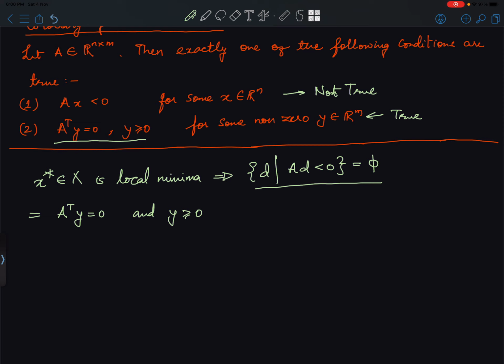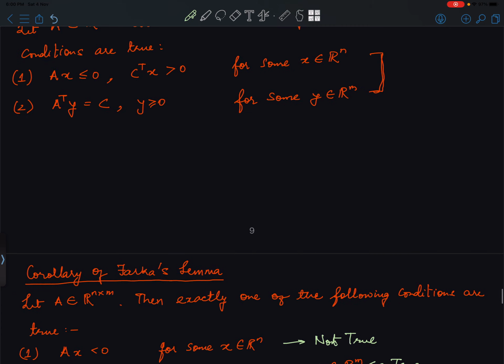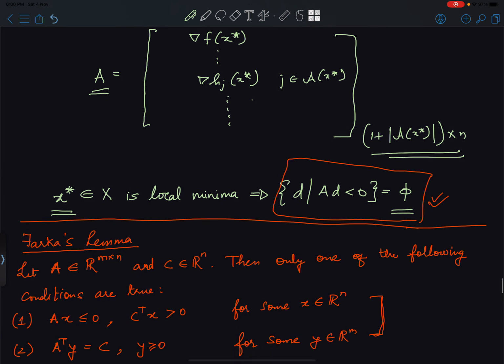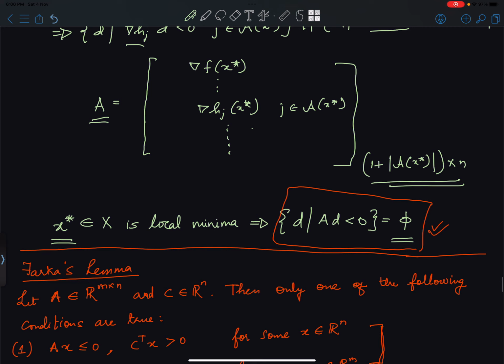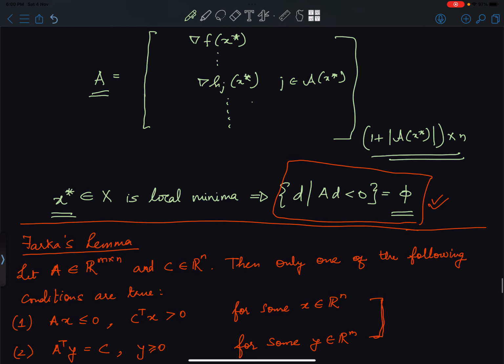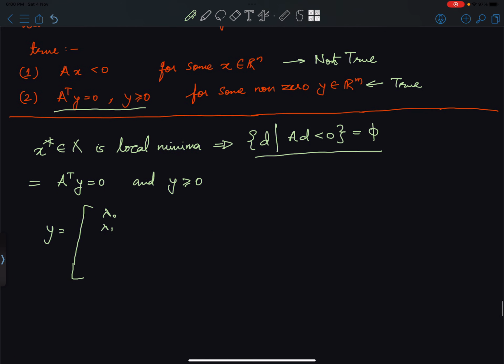So let me take a vector, say lambda 0, lambda 1, up to... Since this is to be multiplied by A, I'll use the subscript of gradient of hj, that is basically j, to define my lambdas here.